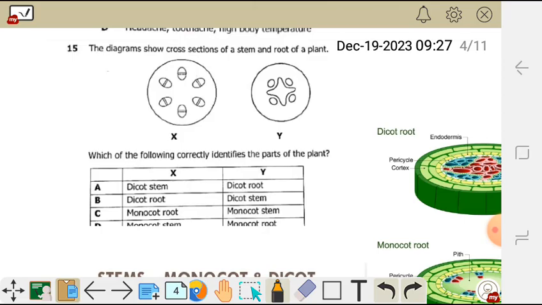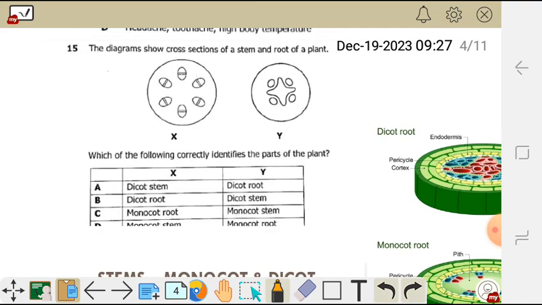We have A, X dicot stem and dicot roots. B, dicot root and dicot stem in Y, and C, monocot root, monocot stem.